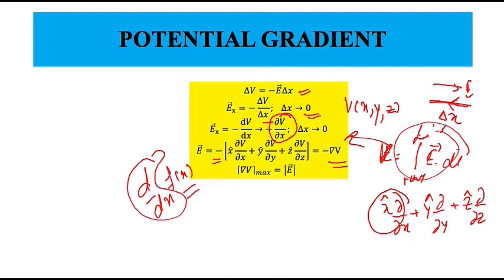Okay, so the operator does not make sense until I attach the potential function to it. And why am I taking the negative? Again, it has to do with the potential. So if you go against the field, you are increasing the potential. Okay, so this operator is called gradient.